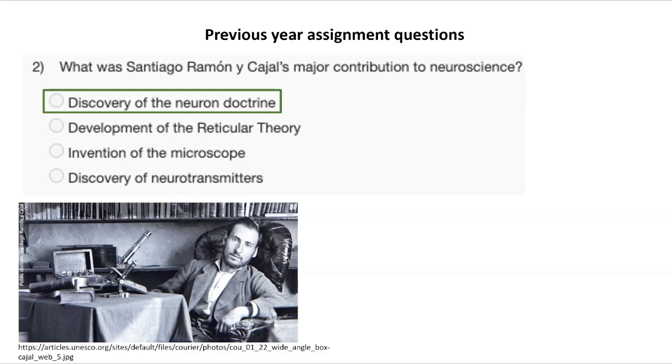Cajal has written in his later years, what an irony of fate it is that the two of us were joined like Siamese twins for winning this Nobel Prize, and both of us are completely opposite in what we are proposing. He felt quite bad about how Camillo Golgi had behaved during his Nobel lecture.